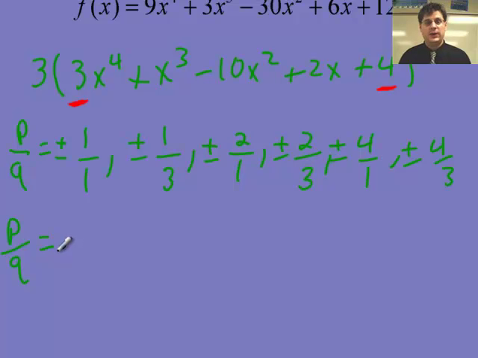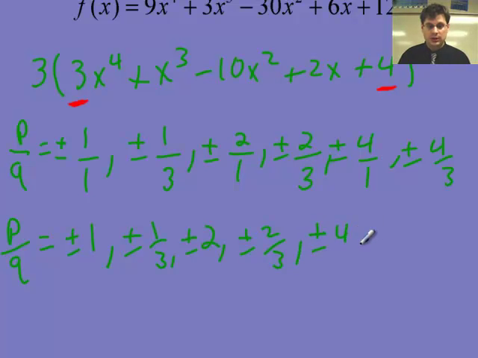By simplifying and reducing, sometimes you'll find that there are possible rational zeros that are repeated, and we can take those out and make our numbers look nicer. So we have plus or minus 1, plus or minus 1/3, plus or minus 2, plus or minus 2/3, plus or minus 4, and plus or minus 4/3.